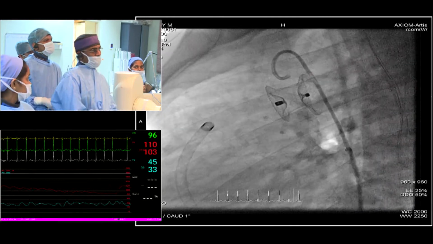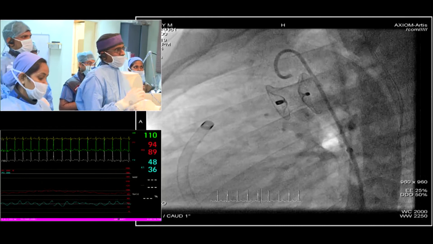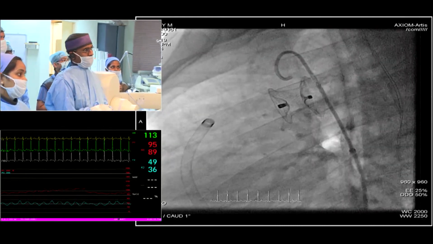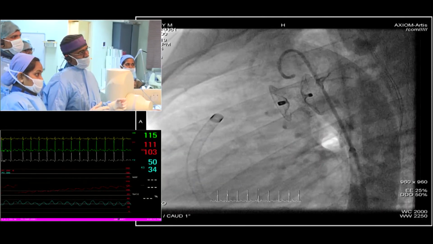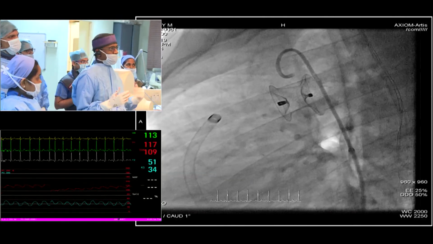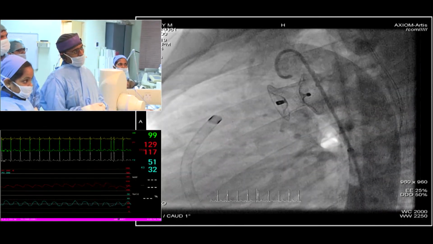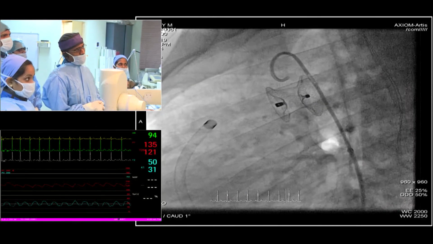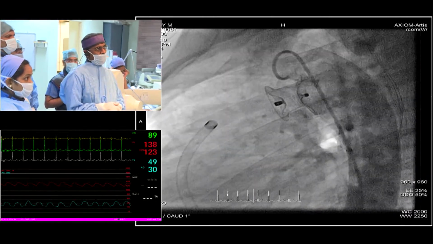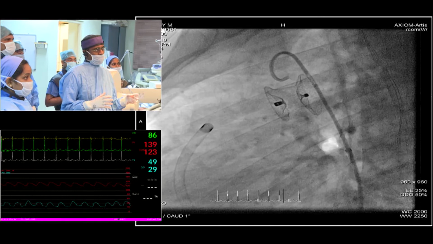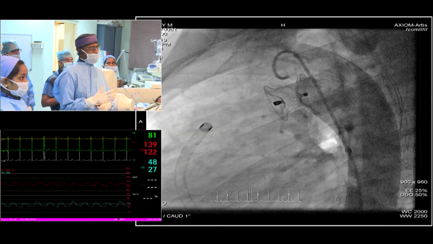So the difference between this particular device, even though I chose 18 millimeter was my waist on the balloon, and still I took 18 millimeter. The advantage is that the left ventricular disc, or the aortic disc, was much larger than what a normal muscular VSD device will be. In one way, I would say this was very clever thinking on the part of the company to keep a muscular VSD device where the LV disc has a 5 millimeter flange and the RV disc has a 3 millimeter flange.